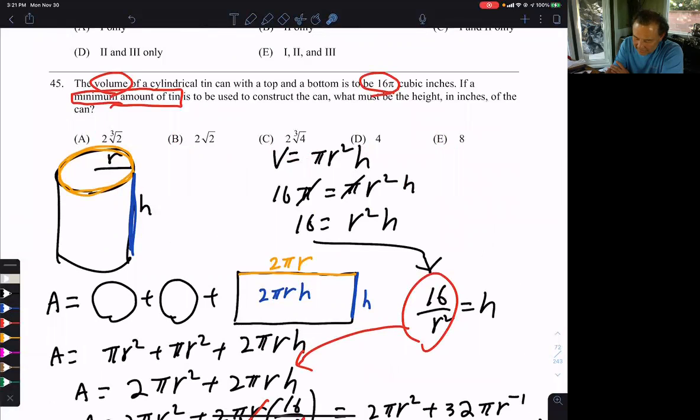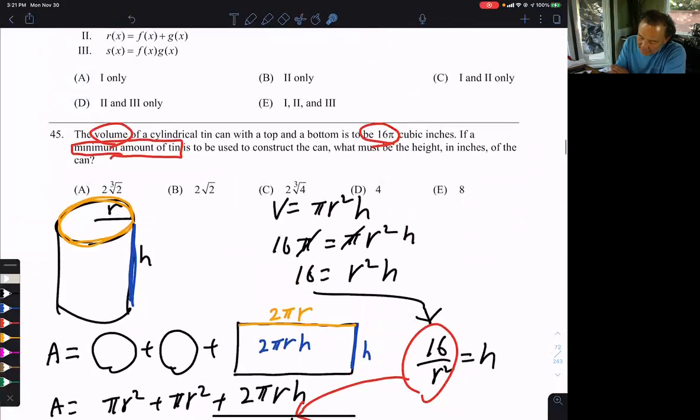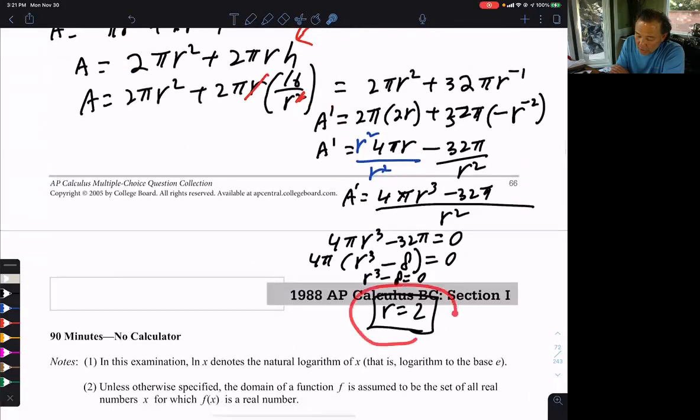So obviously my radius is 2. But what's the question asking for? It's asking for the height. So I know it occurs when radius is 2. And why wouldn't I check to see if that's a max or a min? I don't have to because that's my only critical point. So that's got to be the answer.